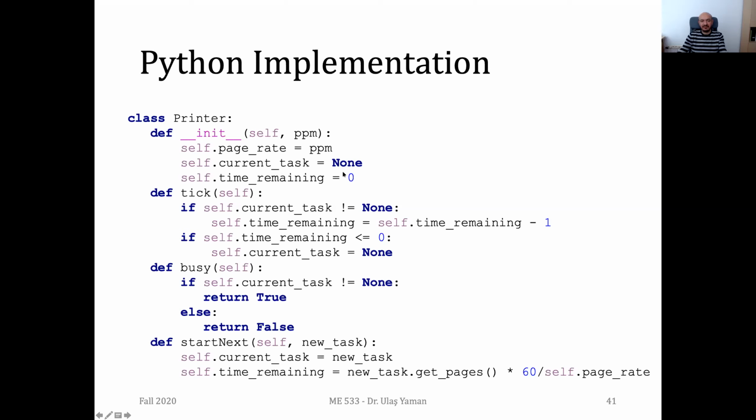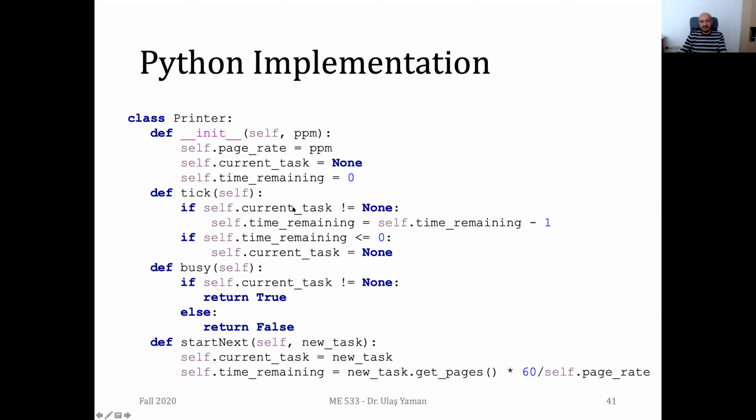But in the other case, once the printer is actually doing some printing operation, then the time remaining should be obviously higher than 0, and at each simulation second, it should be decreased by 1. And then what type of operations do we have? We have the tick operation. This is a very important one. So it's very similar to the second we are keeping track of in this simulation.